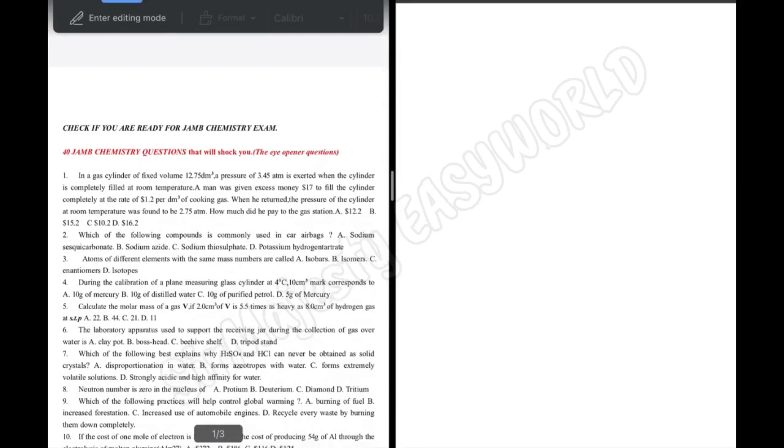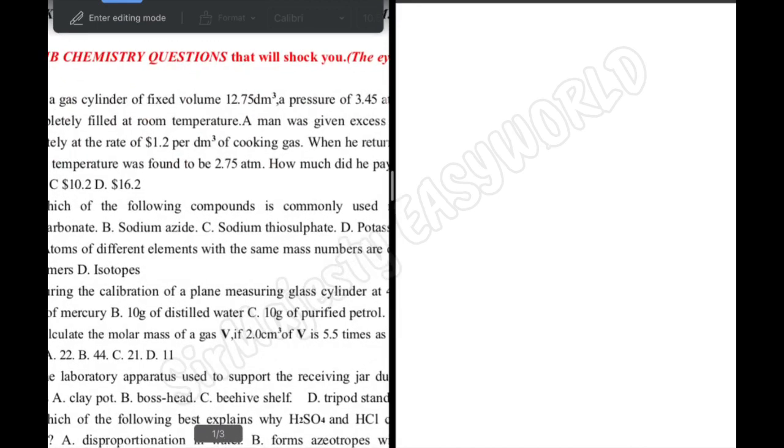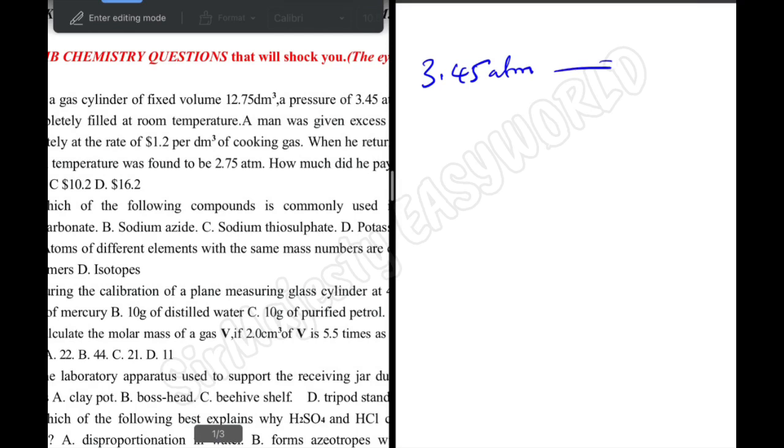Over here, I'm going to divide the screen into 2 to help us. We just say that 3.45 atm is exerted by 12.75 dm cube.